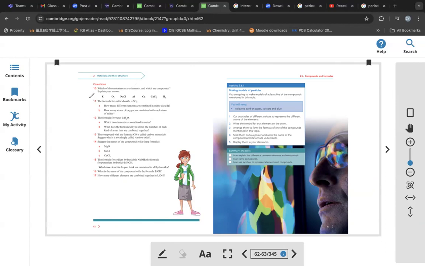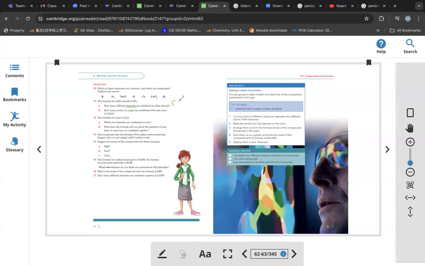11A. It's 2. Wait, no. Which are S and O, because they're asking elements.